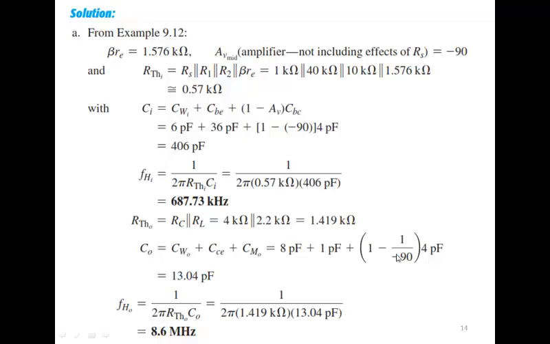You just plug these values of capacitances and the corresponding relationship of the Miller output capacitance. You end up with C naught equal to 13.04 picofarad. When you plug the values of R Thevenin naught and C naught in this equation, you will get the output cutoff frequency of 8.6 megahertz. So this is 687 kilohertz and this is 8.6 megahertz.